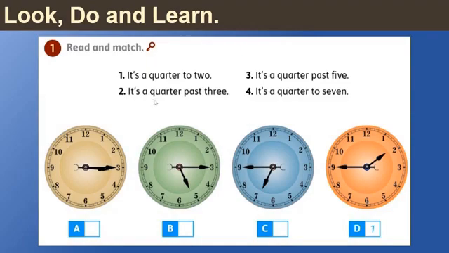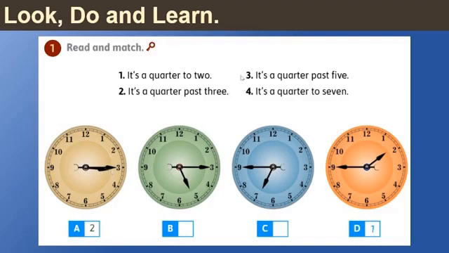Now let's do sentence number 2. It's a quarter past 3. Alright, so which clock tells this time? Alright, it is clock A here. As you can see, a quarter past 3.